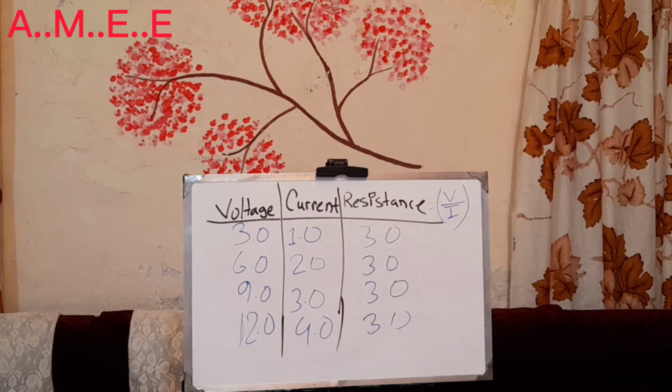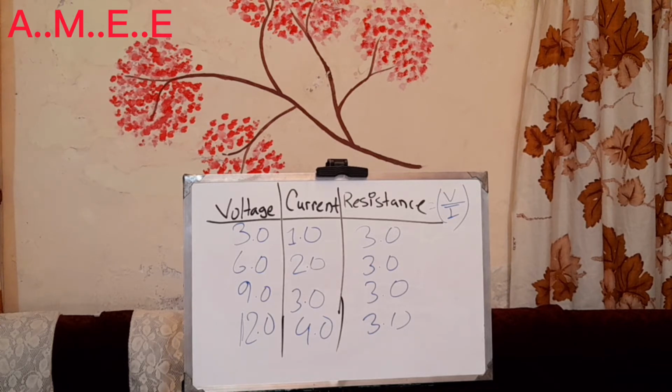If the voltage doubles, the current also doubles. See, at the very beginning we have 3 volts and 1 ampere of current, and at the second box the voltage is 6 volts, which is twice the amount of the first voltage, so the current has also doubled.